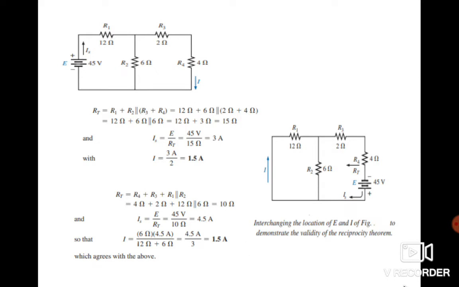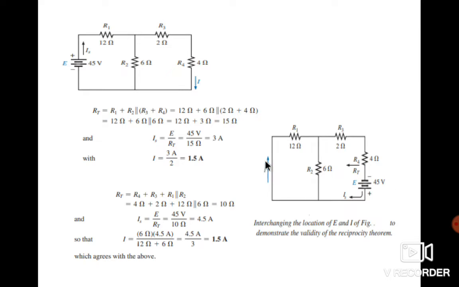Once you have found the total resistance, it is about 10 ohm, and the current it is not the total current, it is the branch current. Branch current is 4.5. This is the loop current.